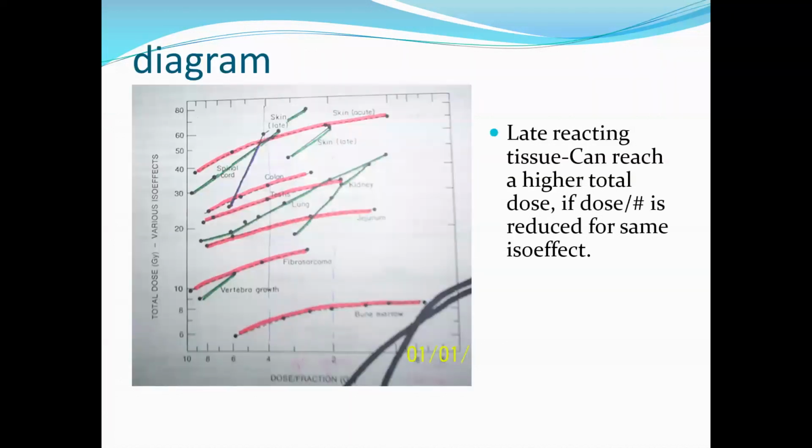So this is that isoeffect curve. Here, for early responding tissues, as the dose per fraction increases, it doesn't matter. More or less it is the same. But for late responding tissues, if you increase the dose per fraction, there is a steep curve. See the spinal cord, the skin, the kidney.